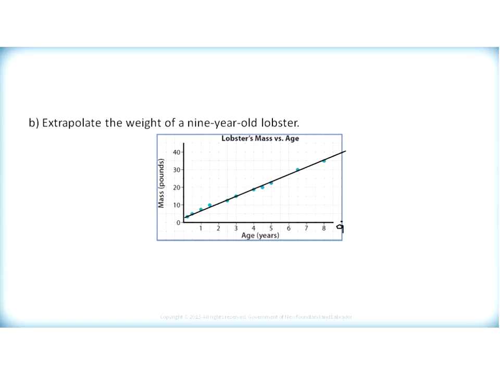So what I'm going to have to do is draw a straight line up to 9 years, and where it meets my graph, I'm going to extend over to the end here. So by extrapolating, I find that the weight of a 9-year-old lobster is about 40 pounds.